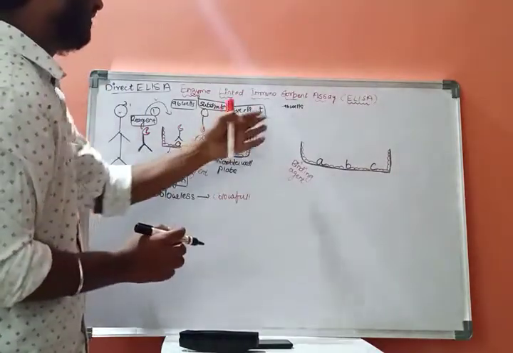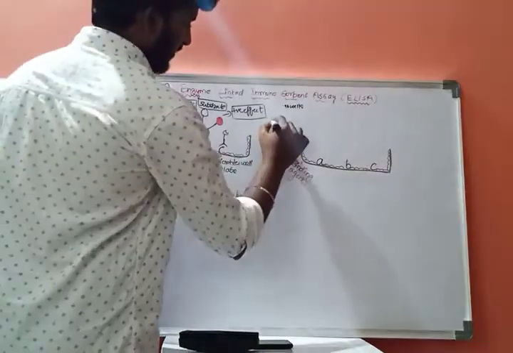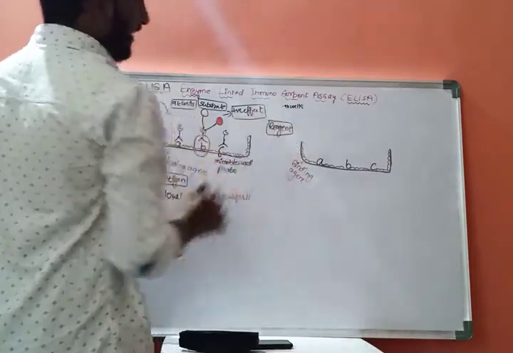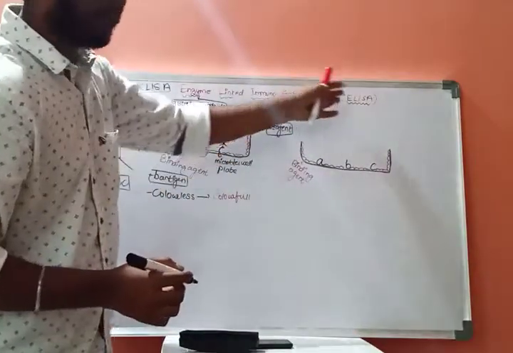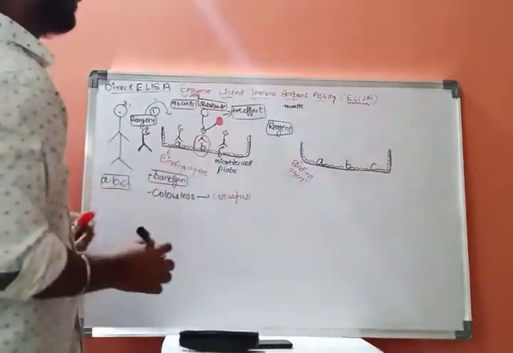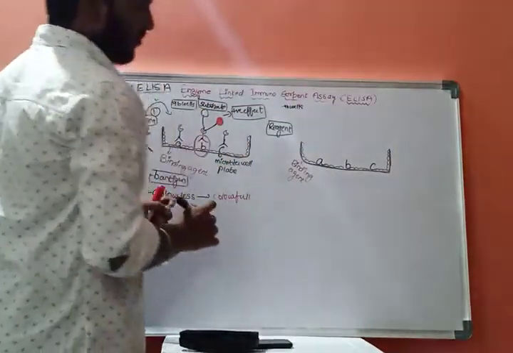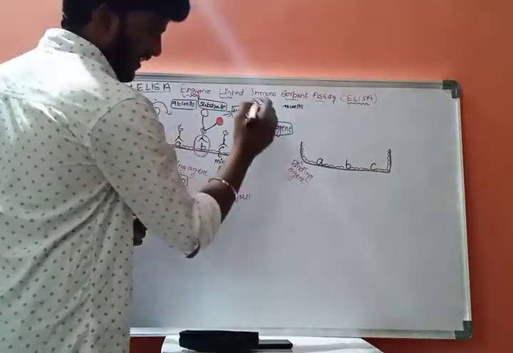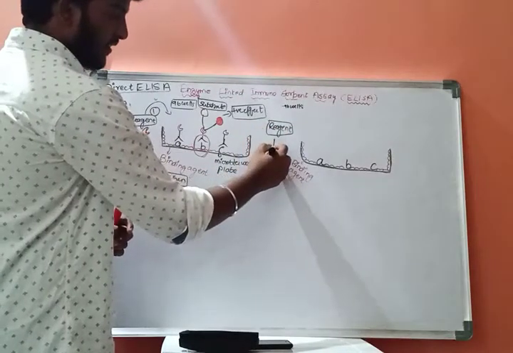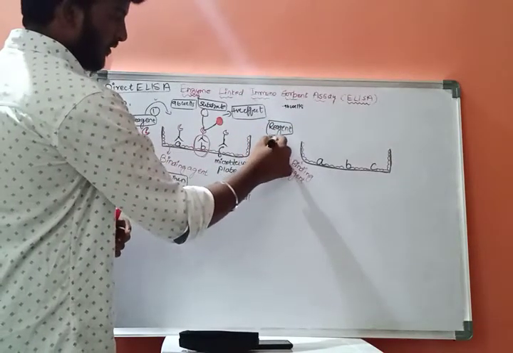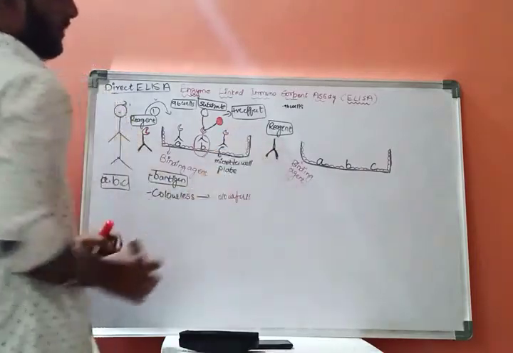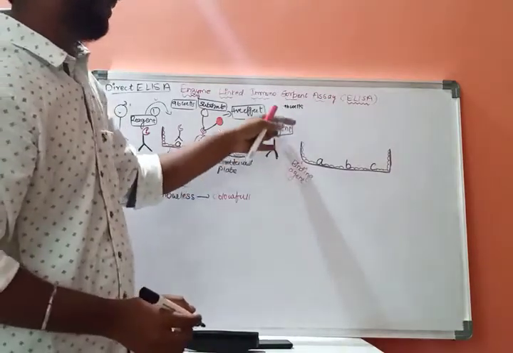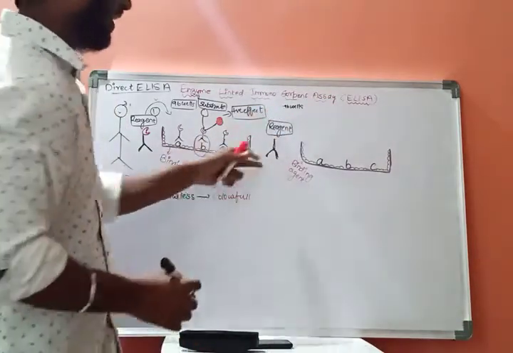Now, let us take the same patient, and let us take a reagent from this patient. This reagent should be poured into the microtiter well plate. This reagent contains antibodies, but these antibodies do not contain an enzyme, so these are also called primary antibodies.